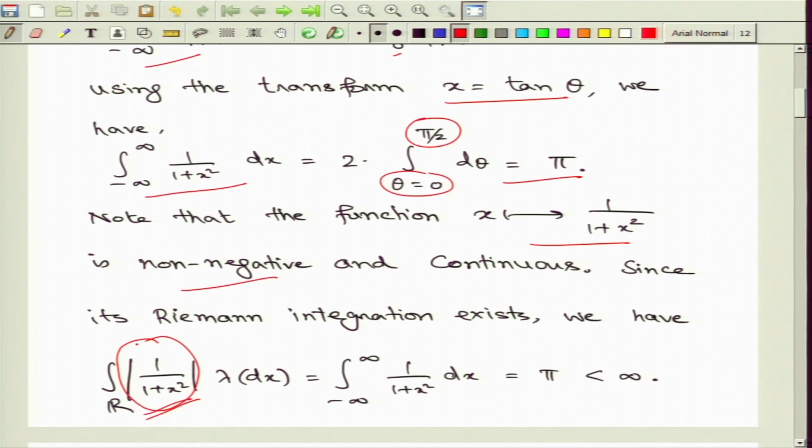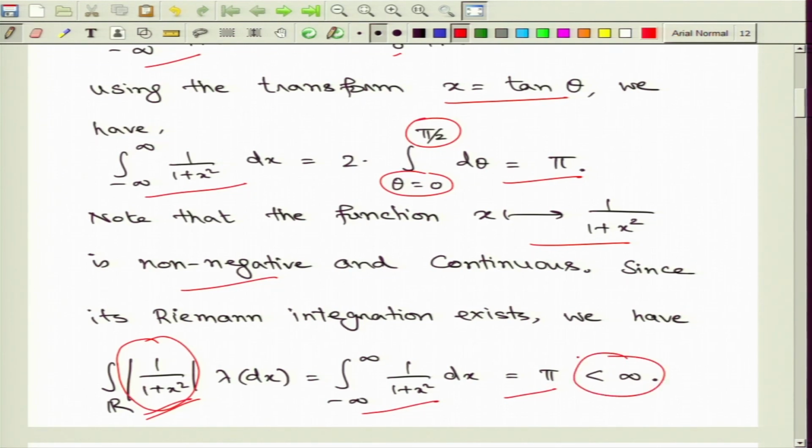Moreover, since the Riemann integration exists, it will match the actual value of the Lebesgue integration. So, we can go back to that value pi that we found by the Riemann integration, and conclude that the Lebesgue integration will also have the value pi.